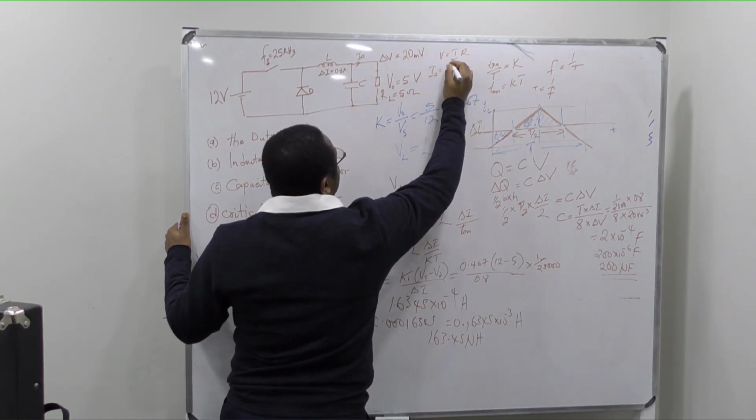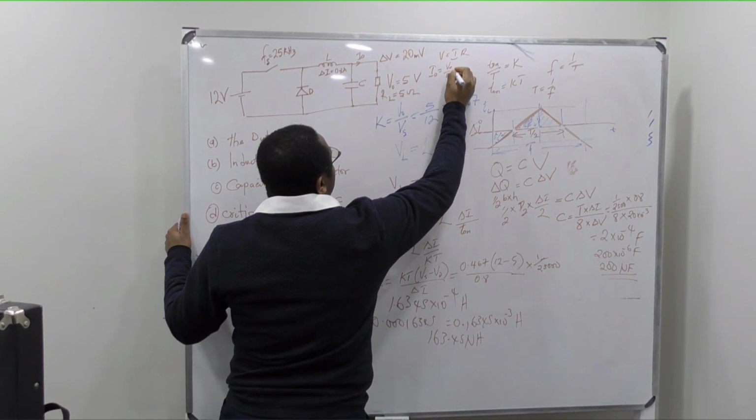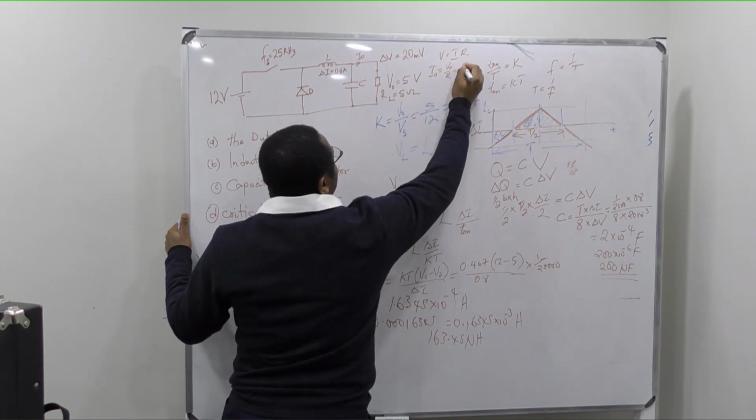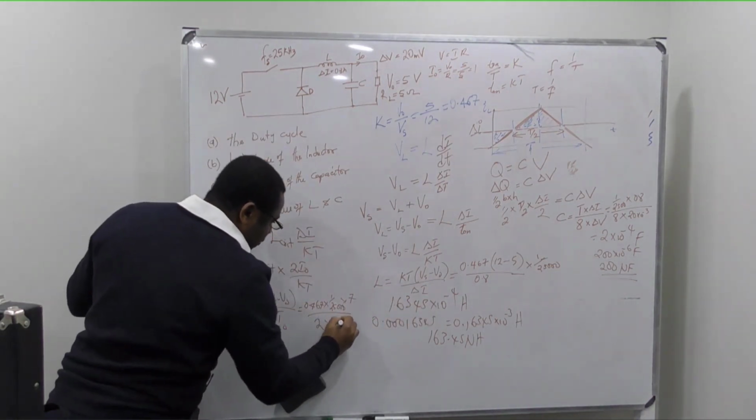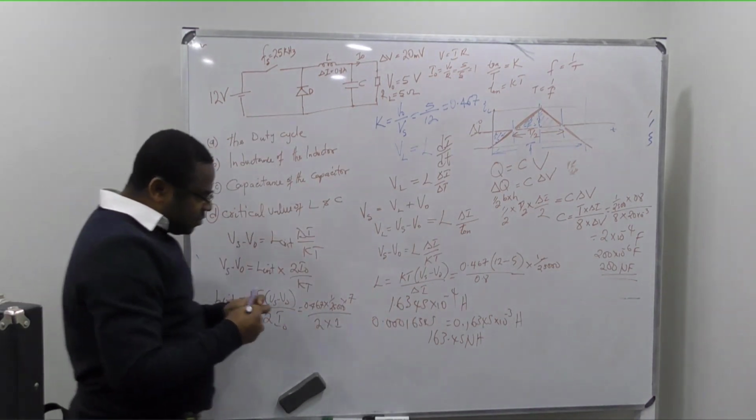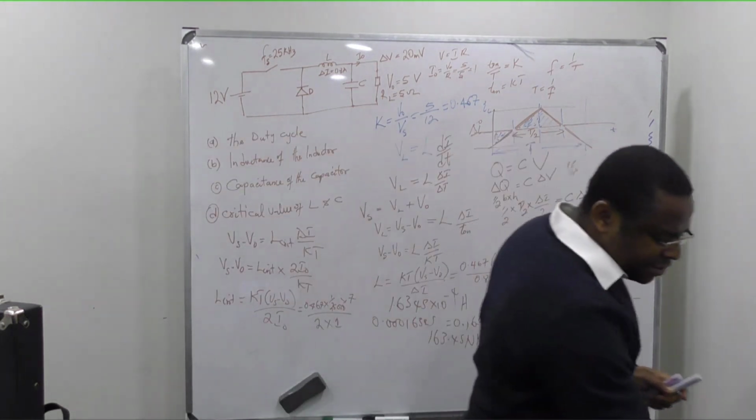So I is VO over R, which is 5 divided by 5, giving you 1. So our IO here is 1. All right, so you can evaluate that.